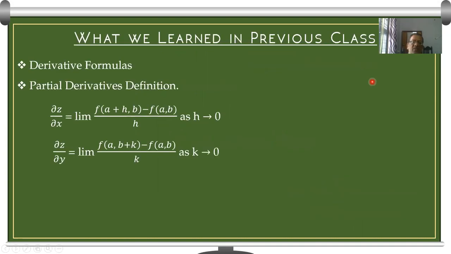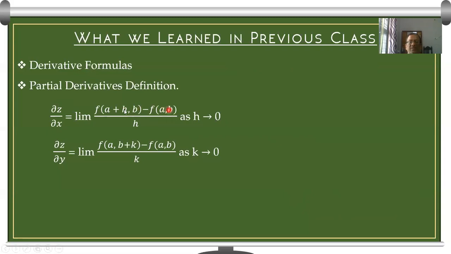Now, in the last classes, we discussed derivative formulas and partial derivative formulas. First are the partial derivative formulas. If z is a function of several variables, z is a function in terms of x and y, the first order partial derivative formula is dou z by dou x equal to limit h tends to 0 of f of a plus h comma b minus f of a comma b, divided by h.